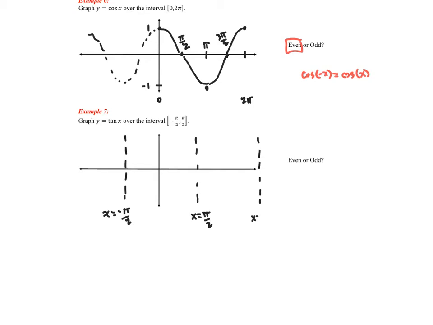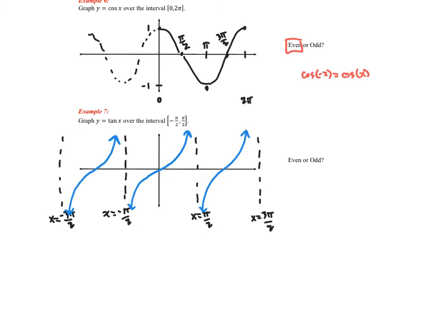So at x equals 3 pi over 2, and x equals negative 3 pi over 2. All right, so the graph of tangent looks like this, and it repeats itself every pi units. So with sine and cosine, the period length, when it starts to repeat itself, is 2 pi, but with tangent, it's pi units.